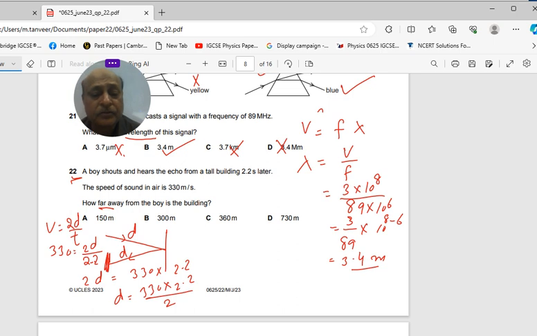So you will multiply it and you can get the answer, that will be in meters. Just 330 multiplied by 2.2, this is 1.1, it will be divided by 2 and you will multiply it with 330.